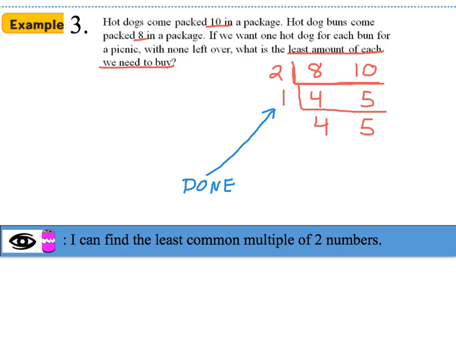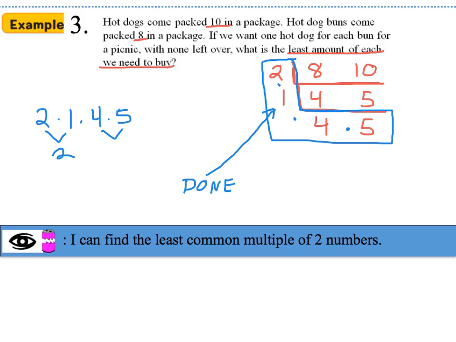But I want to figure out the LCM, or the least common multiple. So let's go ahead and draw an L around all of the numbers on the outside of the ladder, and let's multiply them together. So let's take 2 times 1 times 4 times 5. 2 times 1 is 2, 4 times 5 is 20, and let's multiply those 2 together, and we get 40.